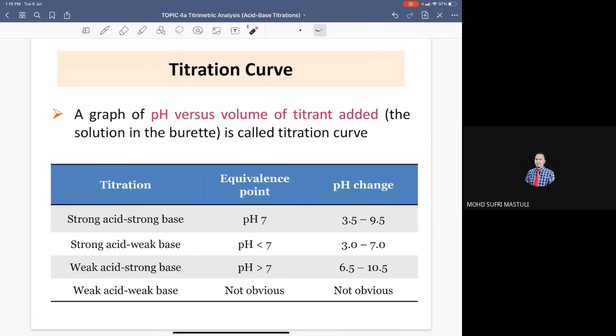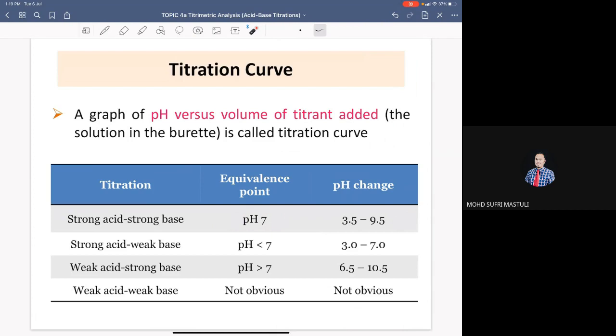So for strong acid, strong base titration, the equivalence point is pH 7. The pH range is between 3.5 to 9.5.